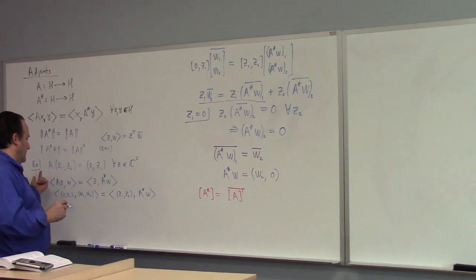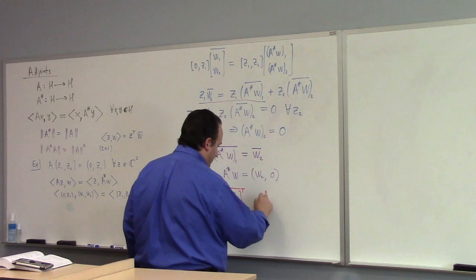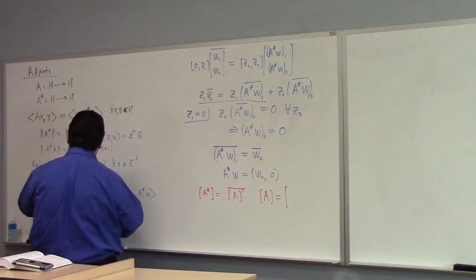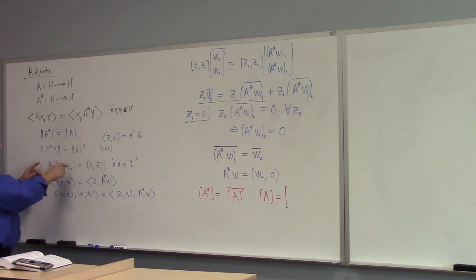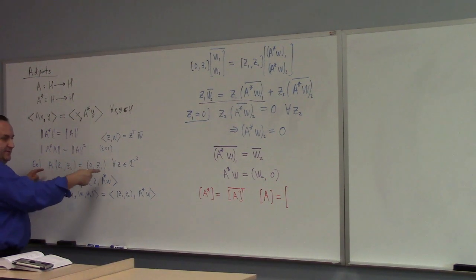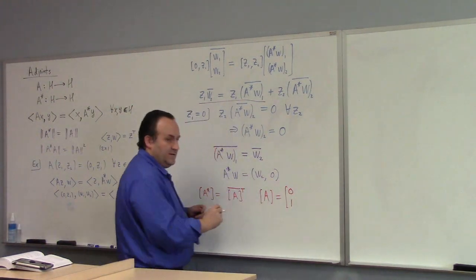So, what's the matrix for A? Putting in (1, 0) gives me (0, 1), so that tells me the first column of the standard matrix is (0, 1).